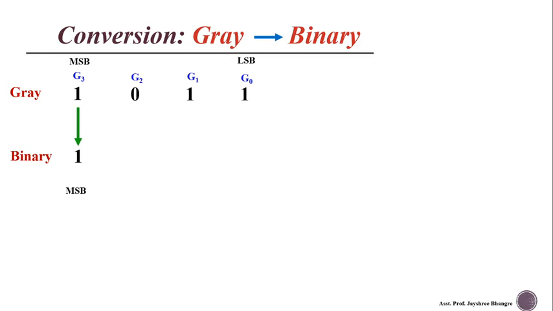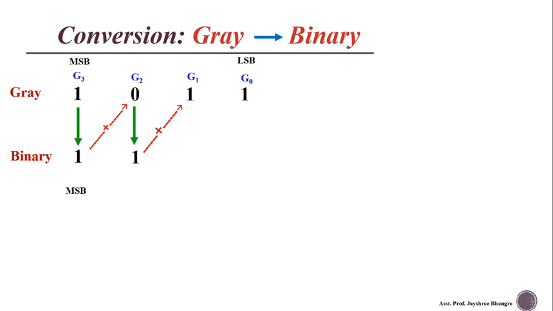Now to find the next bit of binary, we perform the XOR operation between B3 and G2. As the inputs are different, we get the answer 1. To find the next bit of binary, we perform XOR between the binary bit B2 and the gray bit G1.